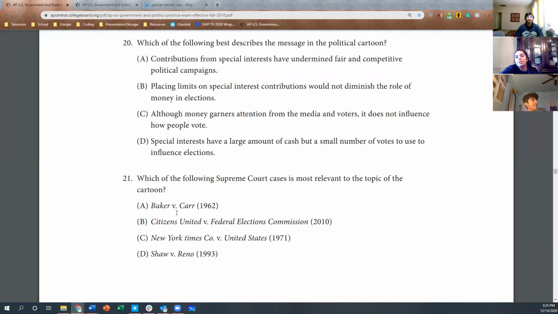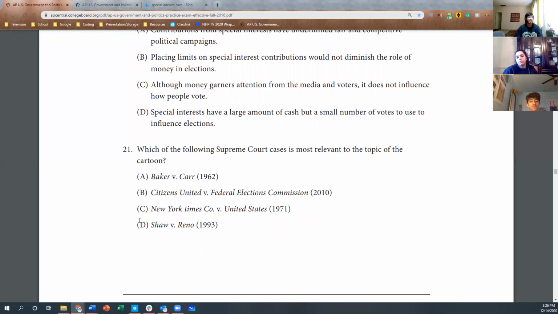Baker v. Carr was the one where Tennessee hadn't redrawn its lines in like 50 years or something like that, so the rural voters' votes held more weight. So that was the principle of one person, one vote, and Baker v. Carr gave the Supreme Court the authority to review redistricting cases. Did Shaw v.